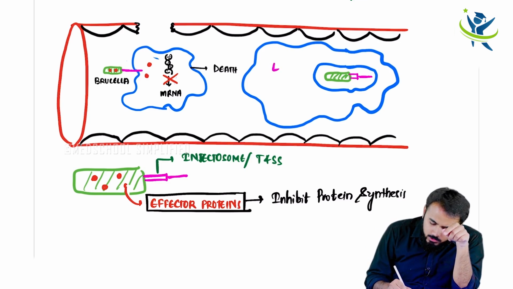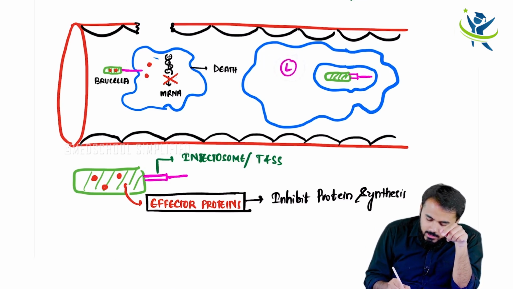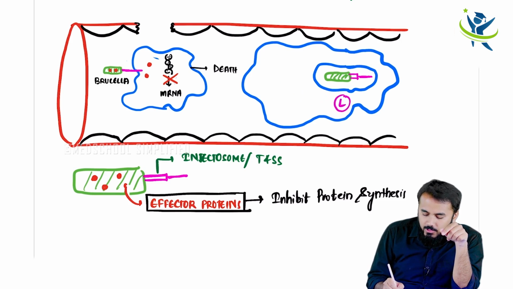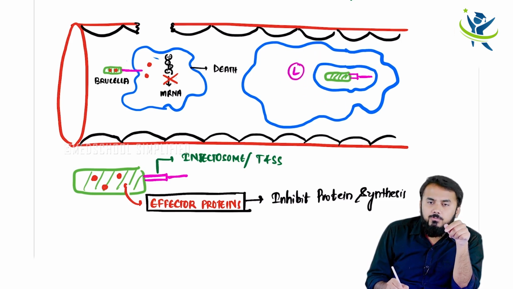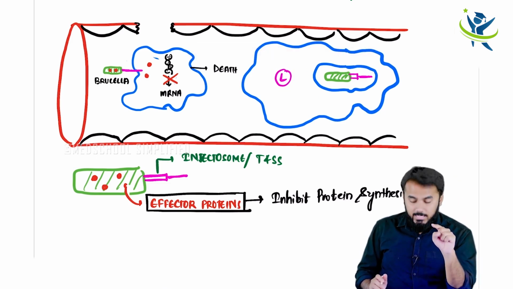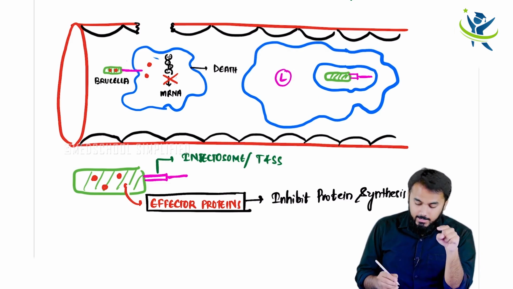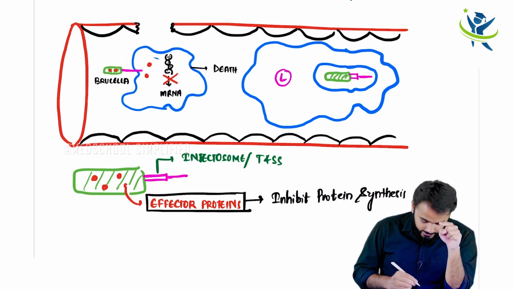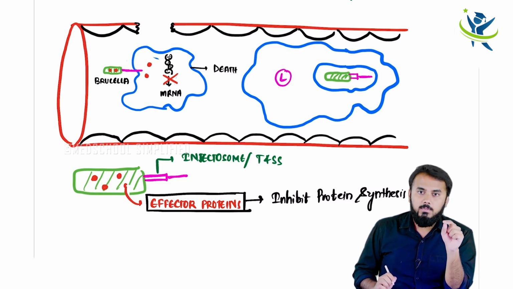In this case also, these are the lysosomes, right? These lysosomes wander all the way like this and try to fuse with the phagosome. Even if they try to fuse with the phagosome, they cannot. Why? What is happening here? This bacteria releases a special toxin.